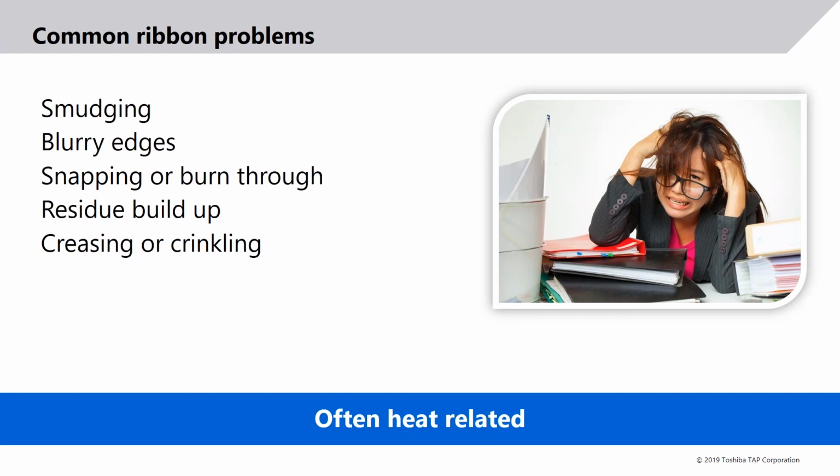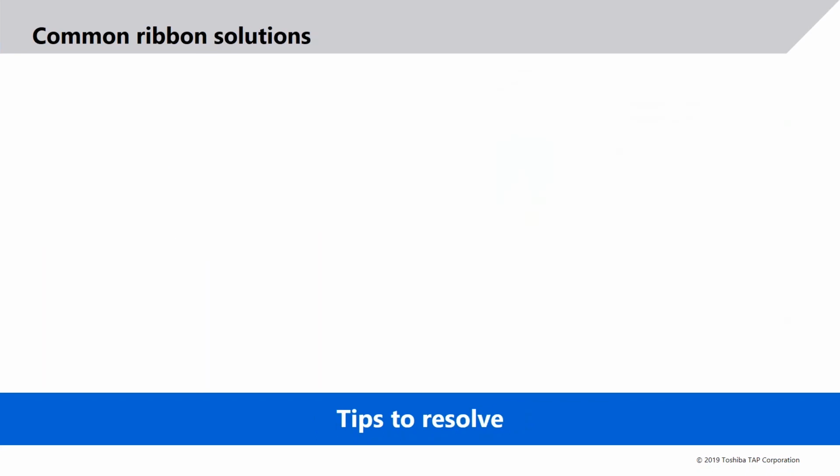Now, the ways that we can solve problems, besides the energy settings that I mentioned, is also through other settings in the driver, which we'll be looking at in just a moment. But with the energy settings, it's a good rule to always remember that no ribbon is the same.